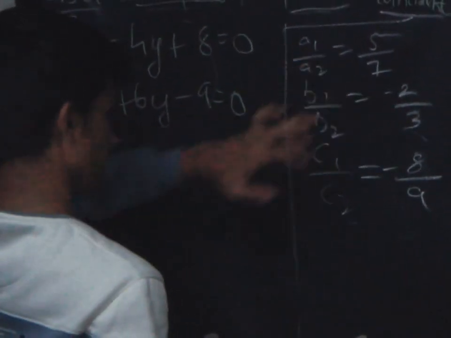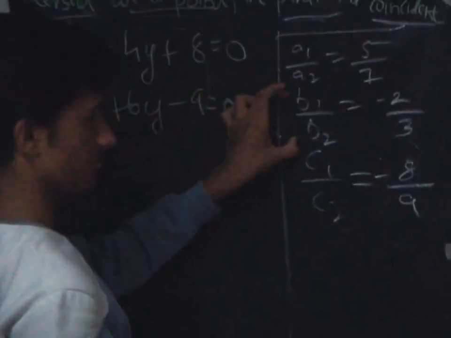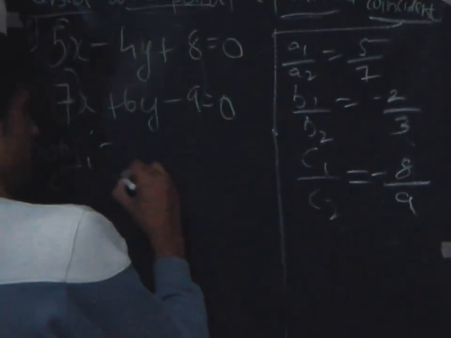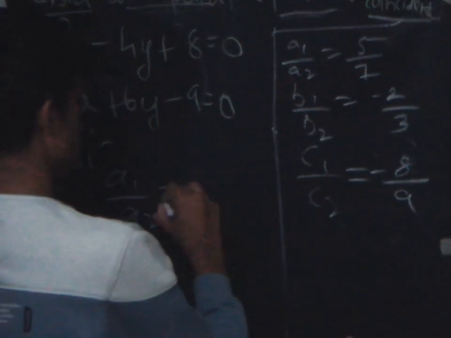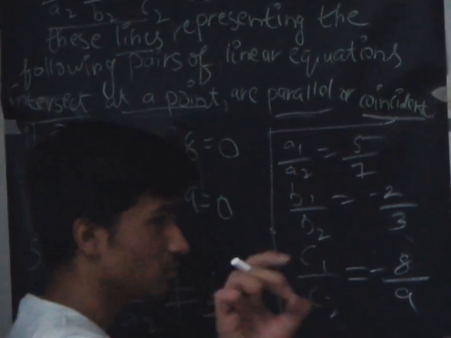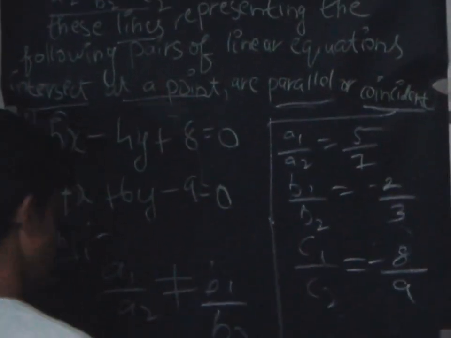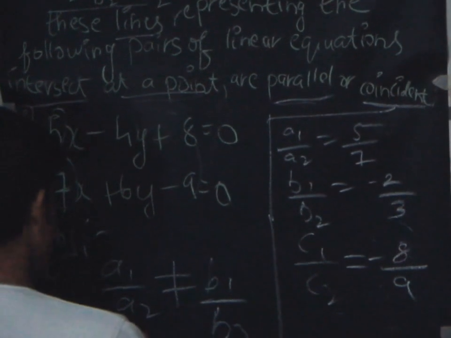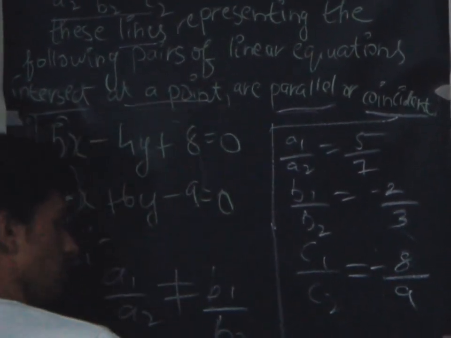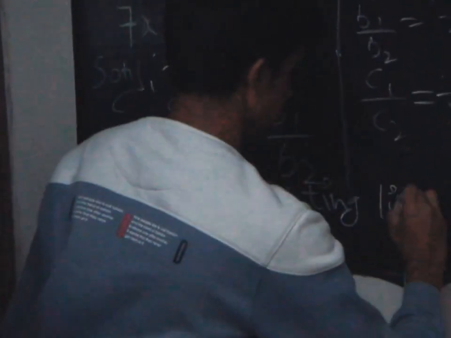So this shows that A1 by A2 is not equal to B1 by B2. Let us write here: A1 by A2 is not equal to B1 by B2, and A1 by A2 is not equal to C1 by C2. It doesn't count that, because you know the table: A1 by A2 not equal to B1 by B2 means they are intersecting lines.